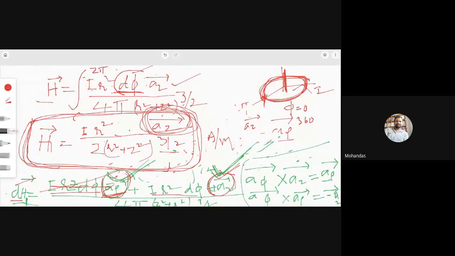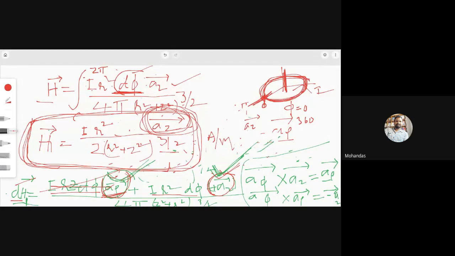You have to substitute the limits for d phi. So what is the d phi range in the cylindrical coordinate system? Actually it starts from here, so phi equals 0 at this particular point. We have to substitute the total range.